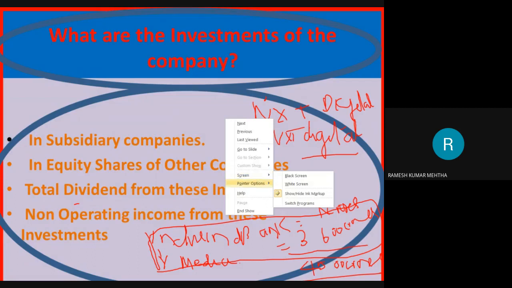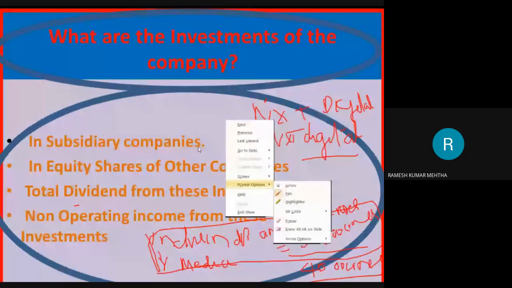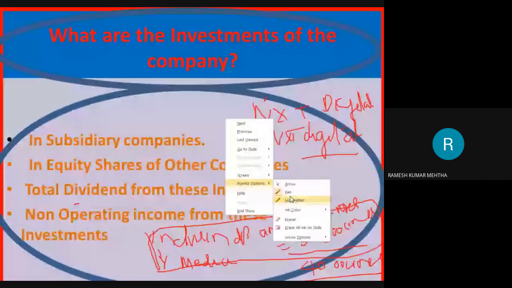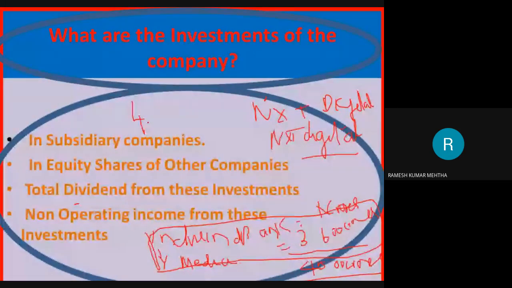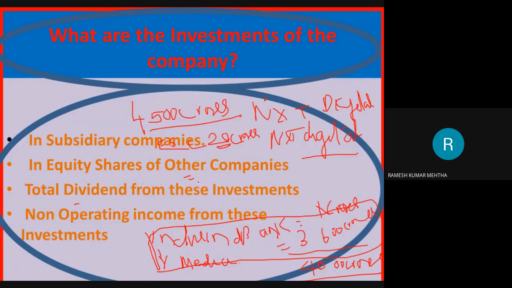For that, 4,500 crores is the total value of these investments. Now I have to divide it by the equity share capital of the company, which is around 20 crores. So 4,500 crores divided by 20 crores is roughly 225.